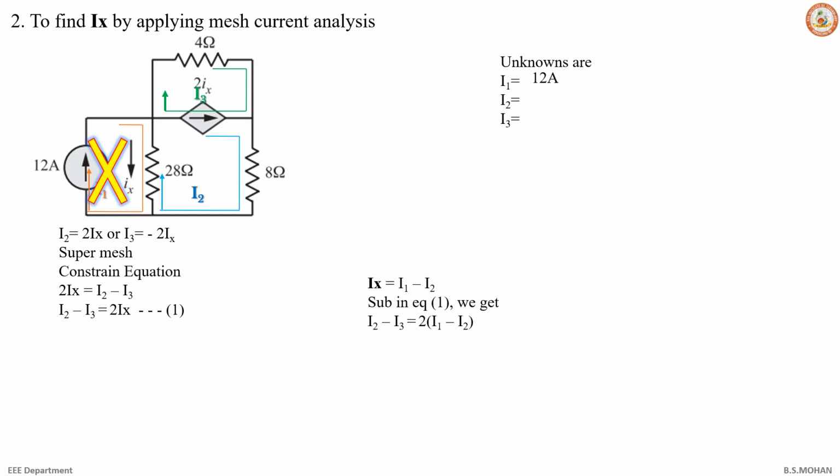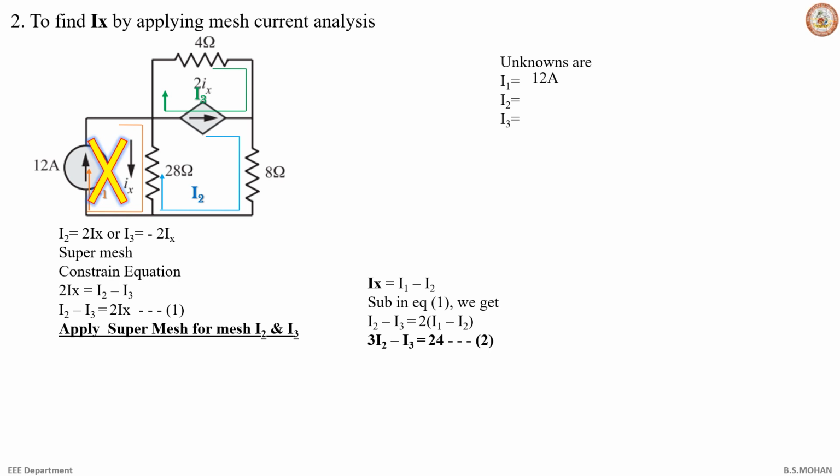Substituting that in the equation, we can rewrite it as 3I2 minus I3 is equal to 24, and that is my first equation. The unknowns are I1, I2, I3, but we have found I1 by inspection, so there are two unknowns, I2 and I3. We need two equations, out of which one is the second one.